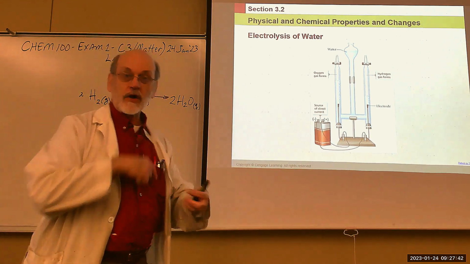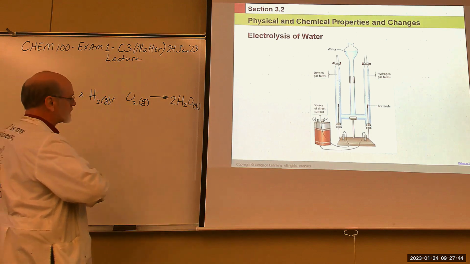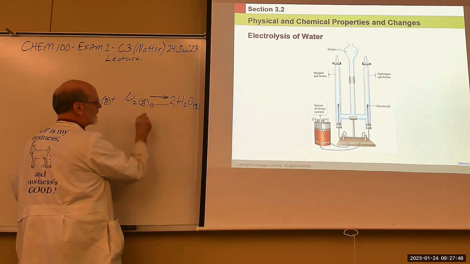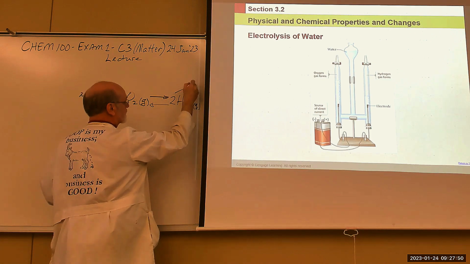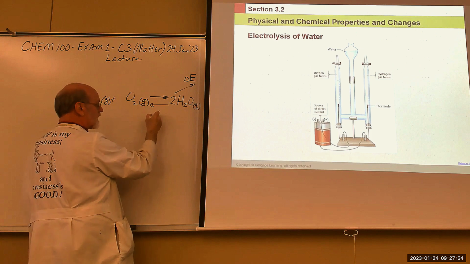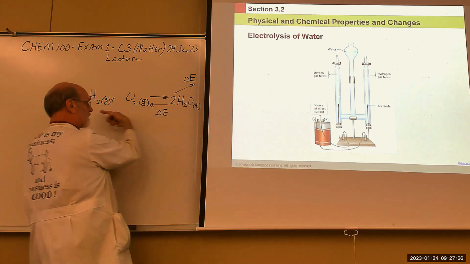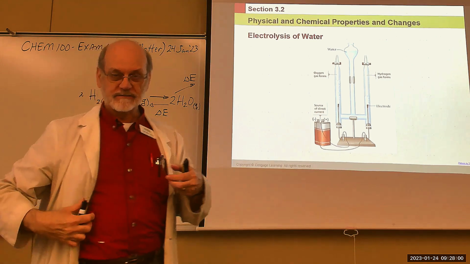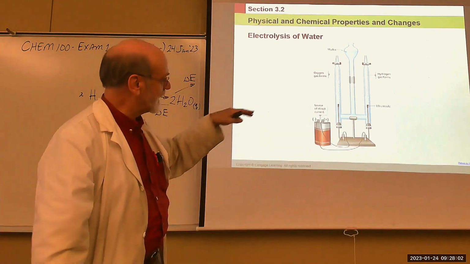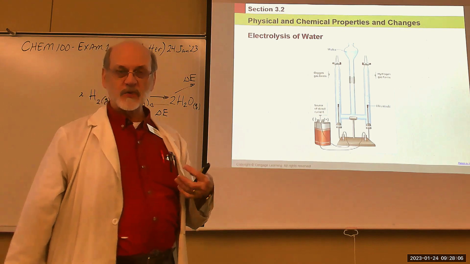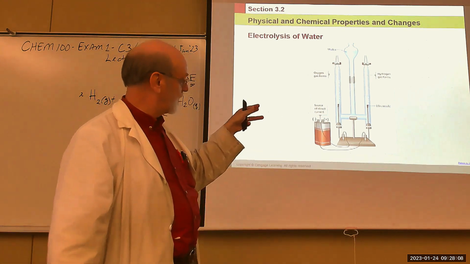Well, you can go in reverse too. You can take this water. This is going to produce a lot of energy. But you can go back this way. If you put energy in, you can split the water molecule into hydrogen and oxygen. And that's what this device does. It sends a direct current between the two electrodes.